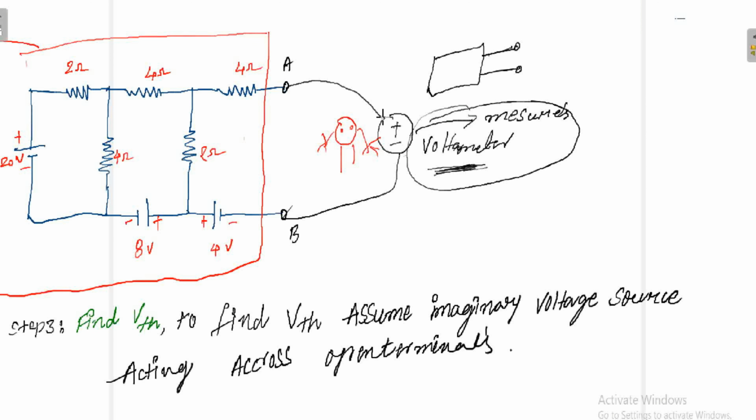According to Thevenin's opinion, the value measured by the voltmeter is the voltage created by this circuit. Now we are going to find that voltage. How are we going to find it? By following step 3.